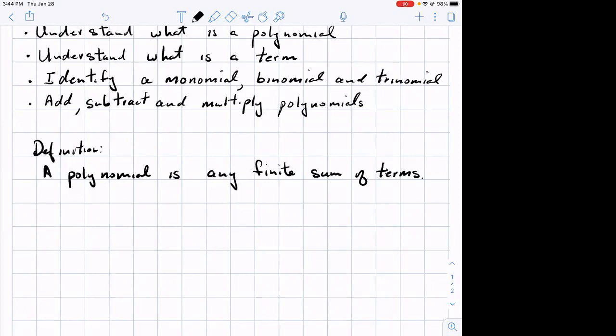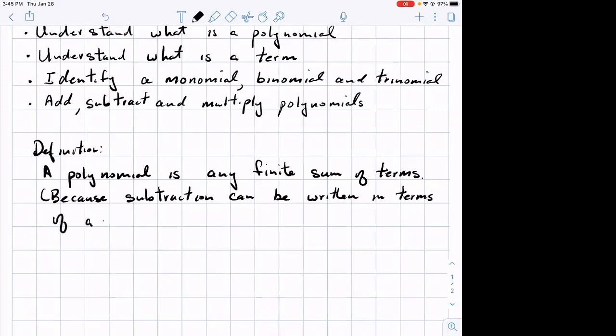Because, and please note, because subtraction can be written in terms of addition, okay, finite difference are also included in this definition, okay?